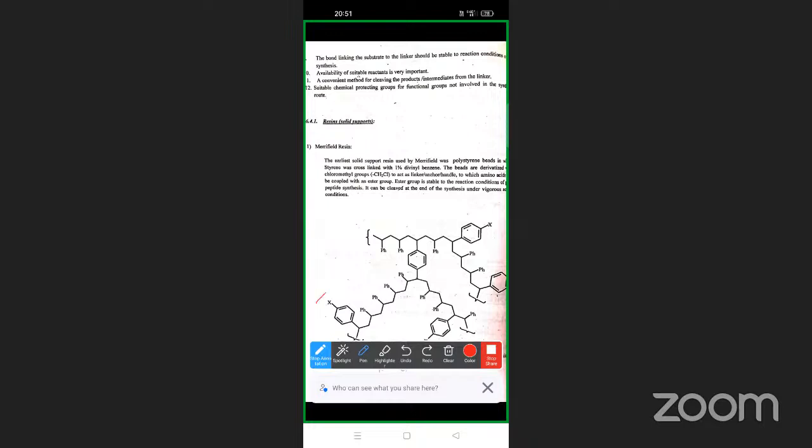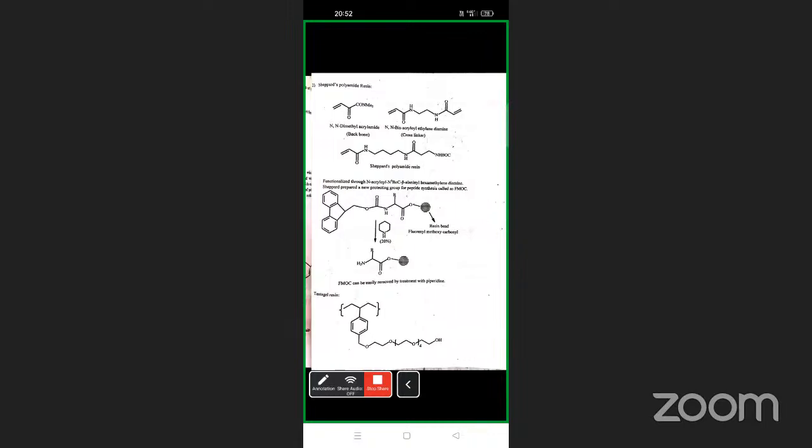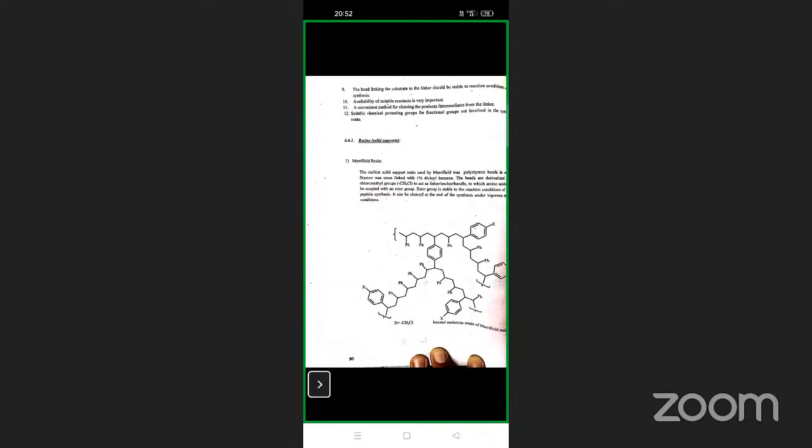This chloromethyl group acts as a linker or anchor. So this is the Merrifield resin structure. It is very important and is the frequently, commonly used resin. And it is formed by cross linkage of polystyrene with 1% divinyl benzene.